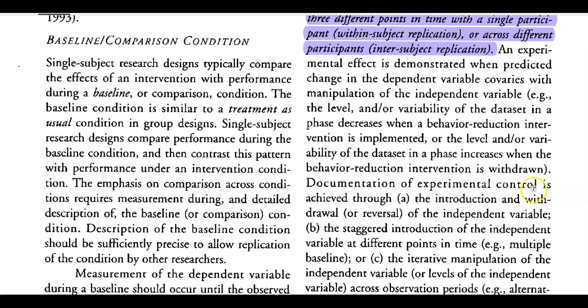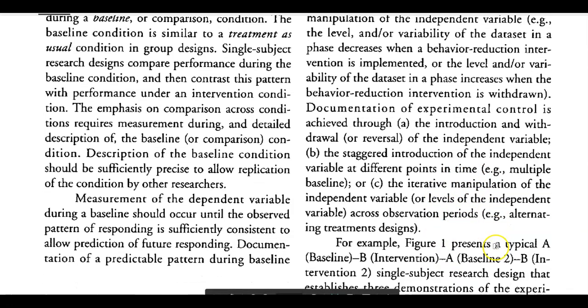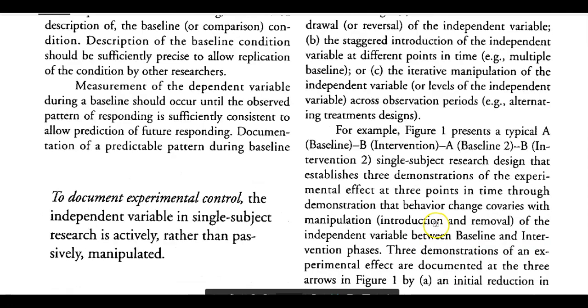So the documentation of experimental control is achieved there through the introduction and withdrawal of the independent variable, or the staggered introduction of the independent variable, which would be a multiple baseline. Or if you have the iterative manipulation, where you're randomly alternating different treatments across observation periods, that would be an alternating treatment design.